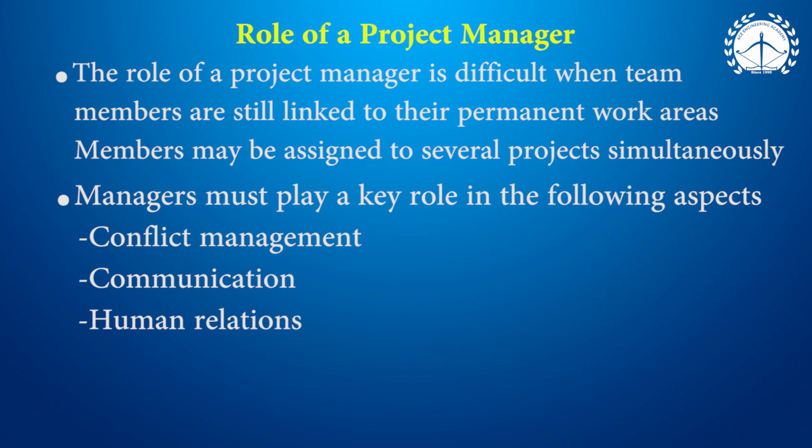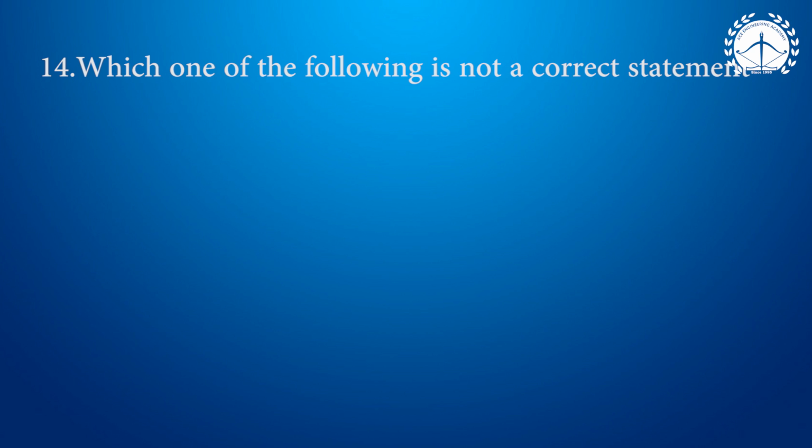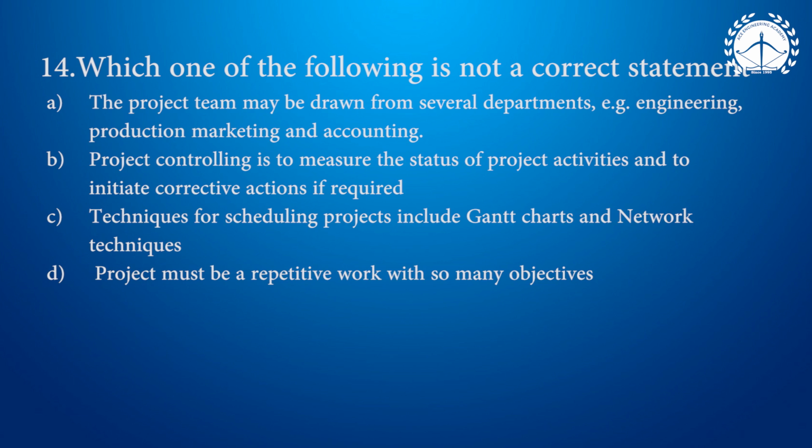As per concern to the question, there is a possibility you may get like this. Which one of the following is not a correct statement? The project team may be drawn from several departments. Yes, just now we have discussed. The project team consists of so many people from various departments. It is the right answer. Here we are supposed to decide the wrong answer. You take B option.